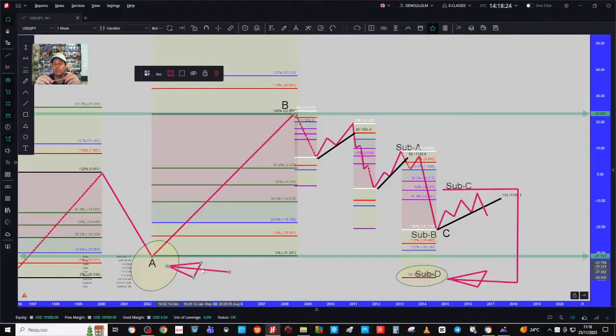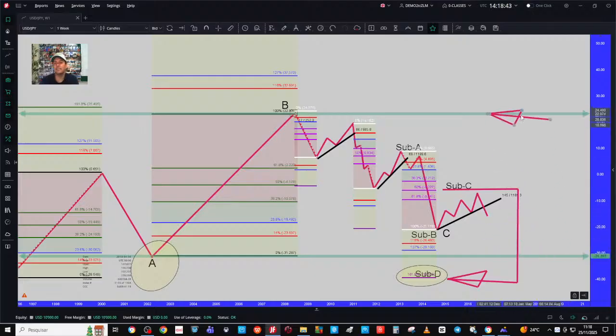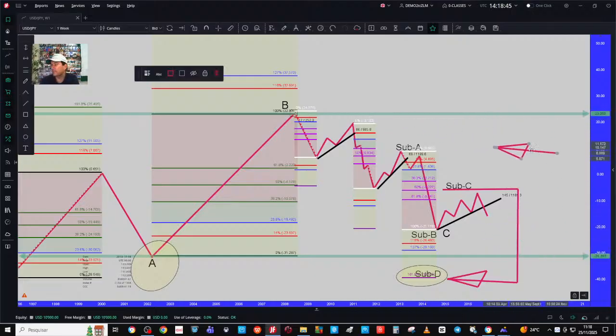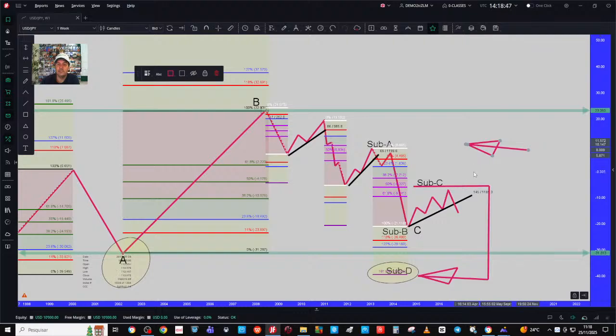Statistically speaking, on the daily chart, the original Fibonacci is going to win 9 times out of 10 compared to the contrarian. Original, exactly, okay?